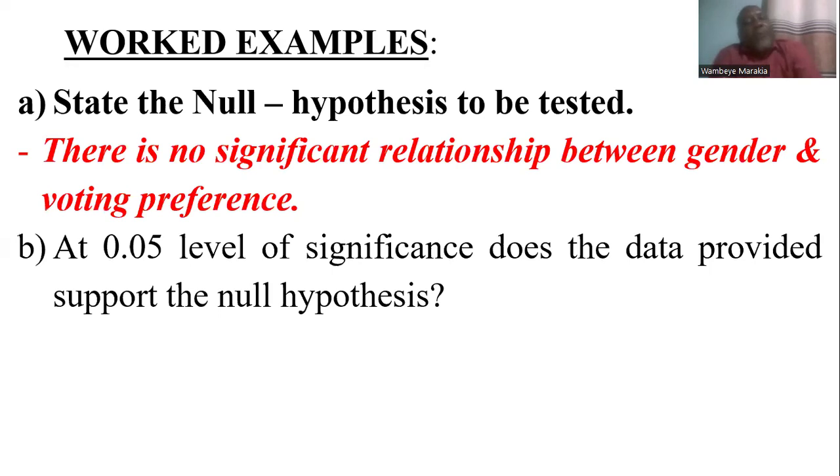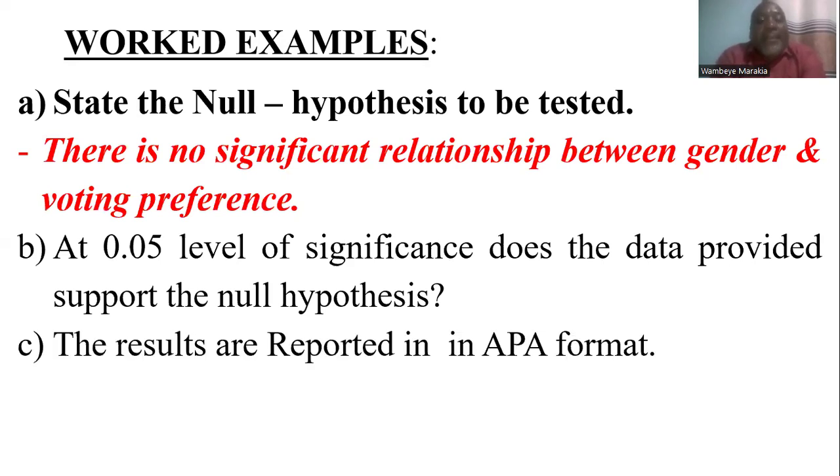And we are going to look at this at the 0.05 level of significance, because there are several other levels we can look at, but we are going to look at this at a significance level of 0.05. Then these results are going to be reported in an APA format.